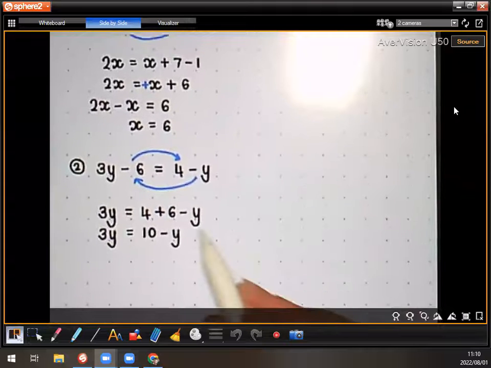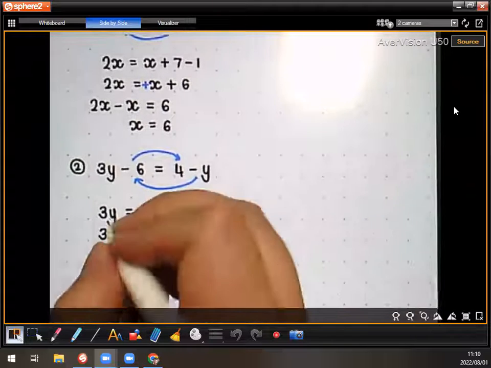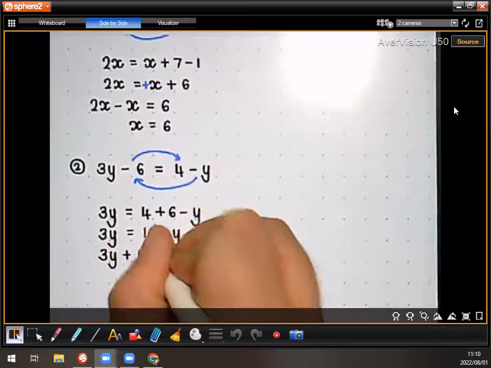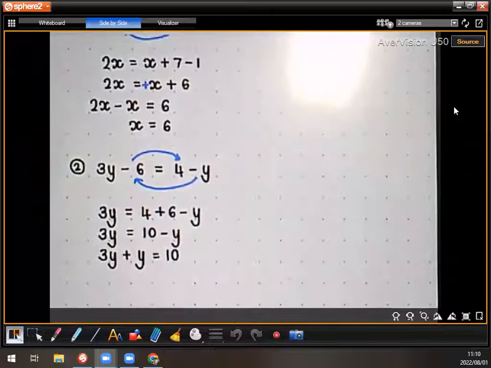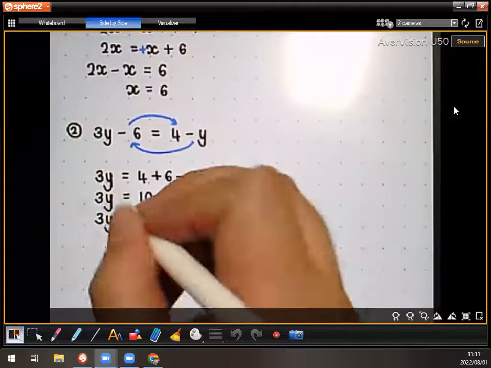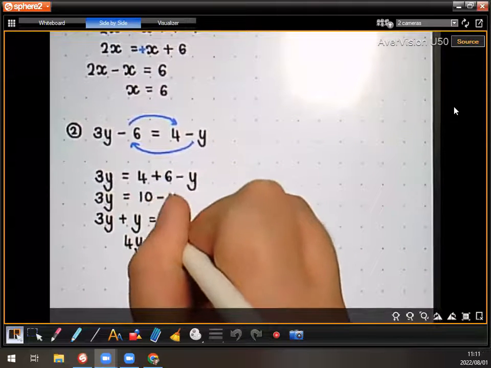Now, what am I doing with y here? If it's a minus y, I'm subtracting y. What's the opposite of subtracting y? Adding y. Good. So I have to add y to the side. So that is then equal to 10. Now, what is 3y plus y? 4y. Okay, so 4y is equal to 10.